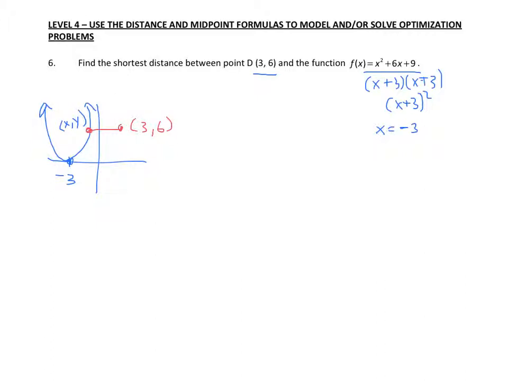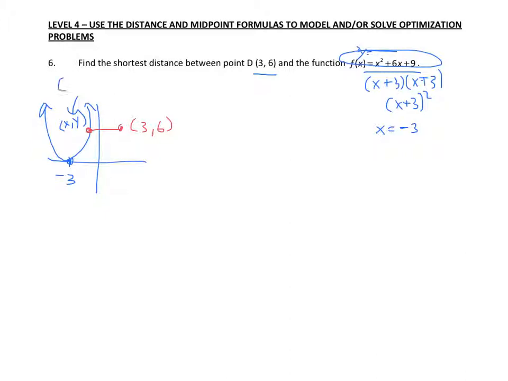But if I'm going to plug this in my calculator to do an optimization problem, I don't want to have two variables. So instead of y, I need an expression for y in terms of x. And I can just use the function x squared plus 6x plus 9. This is like y equals x squared plus 6x plus 9.